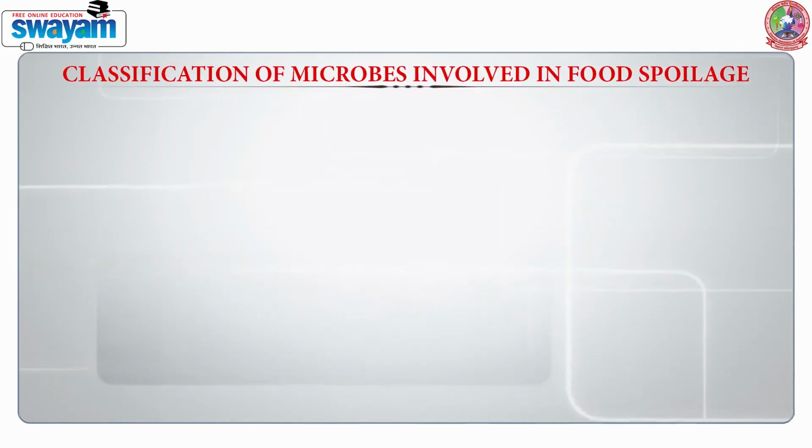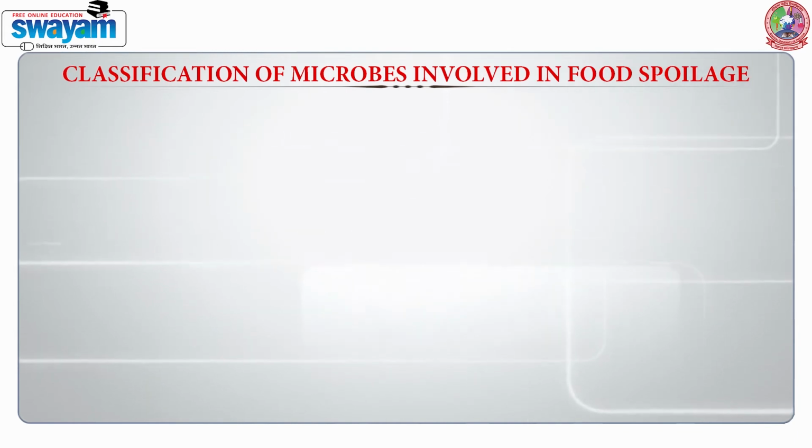Now, let us know what are the different groups of microorganisms which are responsible for the spoilage of canned food products.